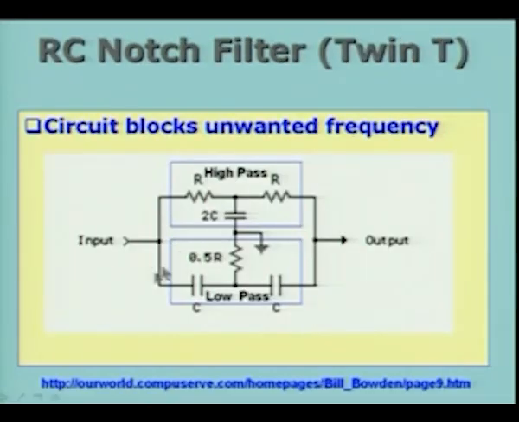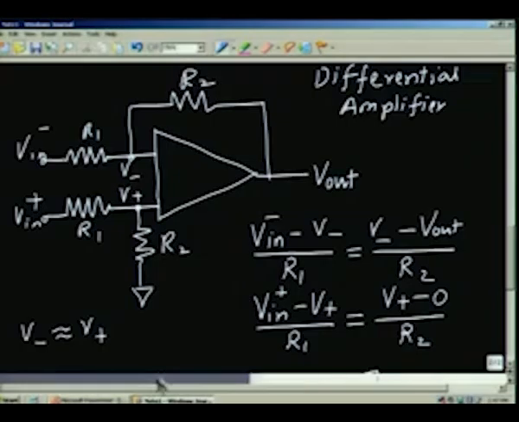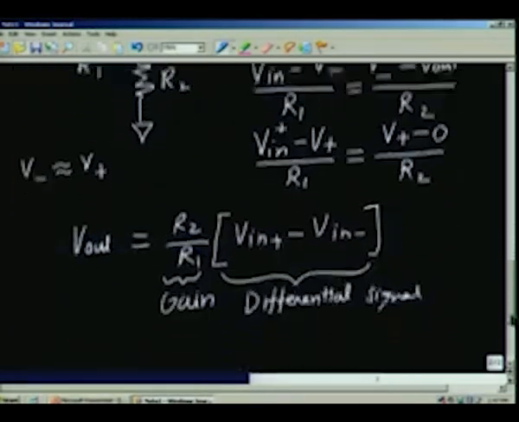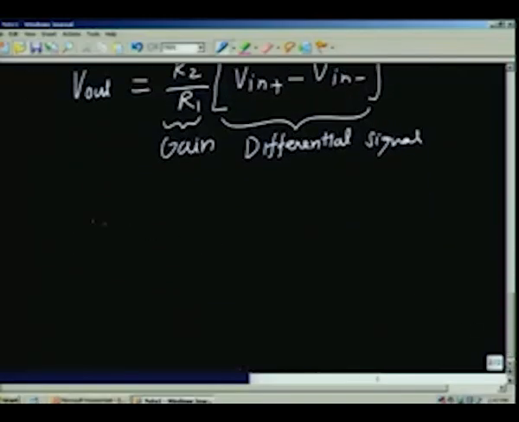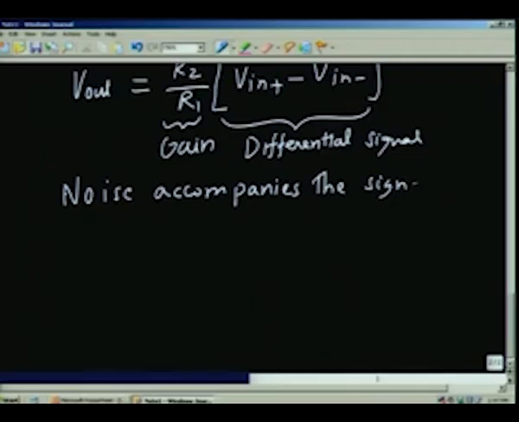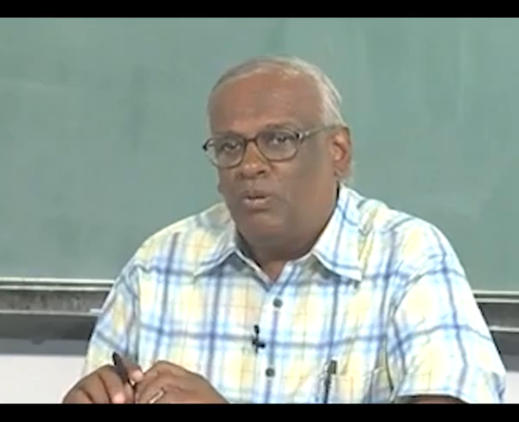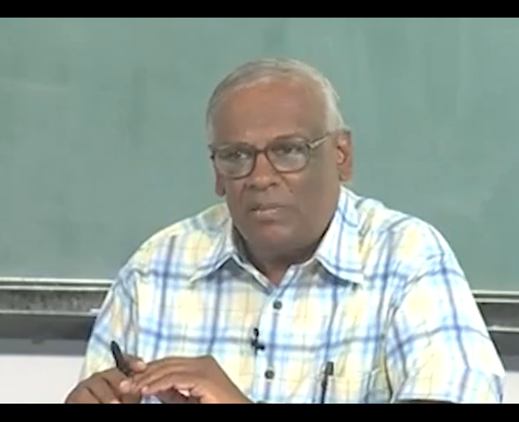The other point is, in any measurement where you are going to look at signals coming from a sensor, we also have a little bit of noise that accompanies the signal. In fact, we have already seen in our discussion earlier that all measurements are prone to errors, and we discussed some of these errors.